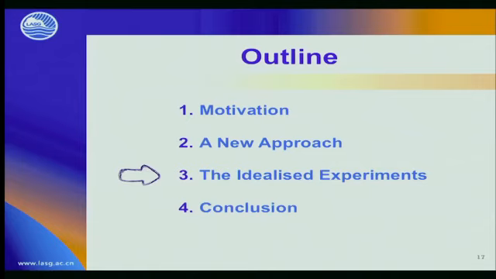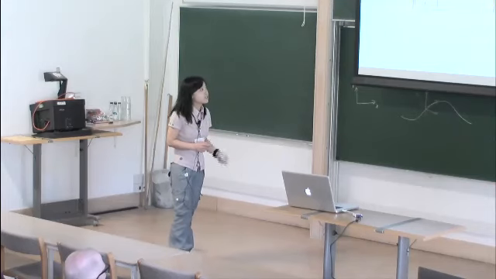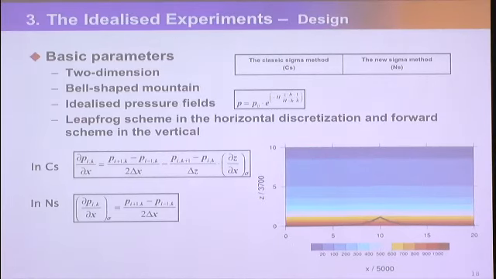Now we have the one-term computational form of PGF, but how will it really do better than the classic one? So I have done some idealized experiments. We do the idealized experiments in a vertical section, and we put a bell-shaped mountain in the center of the domain, and we use an idealized pressure field like this, and we do the discretization of the PGF in both methods using the forward scheme in the vertical and the leapfrog scheme in the horizontal.